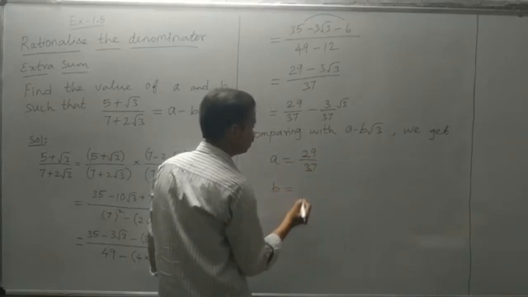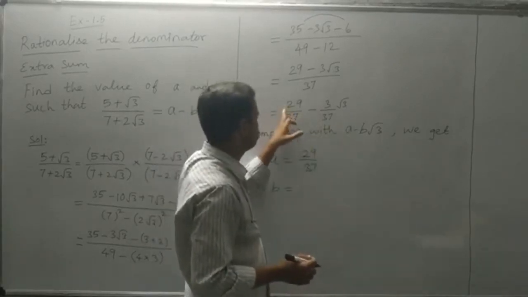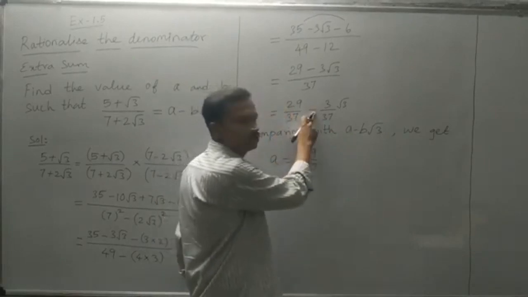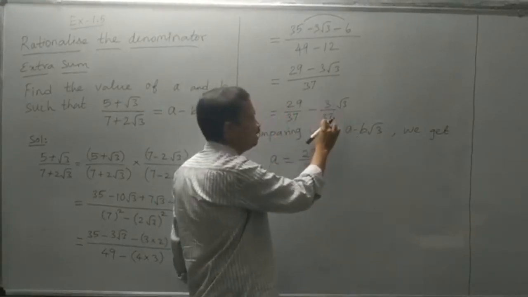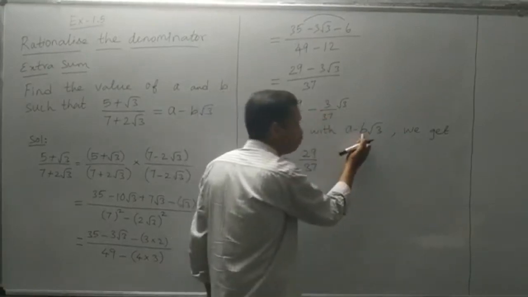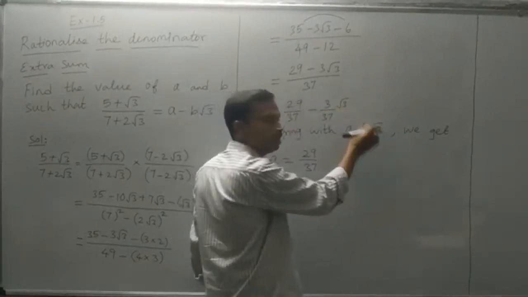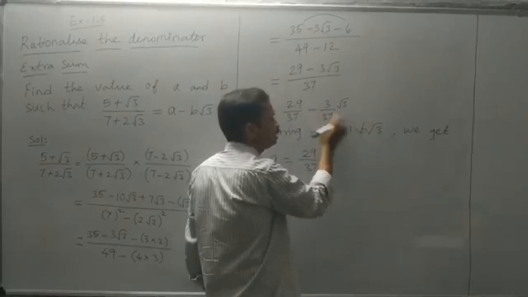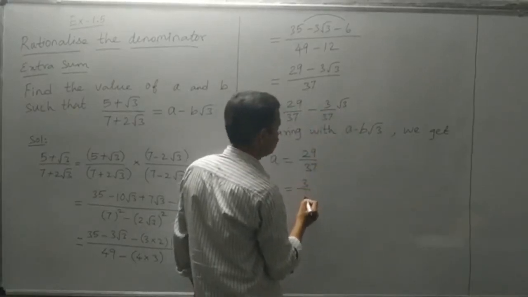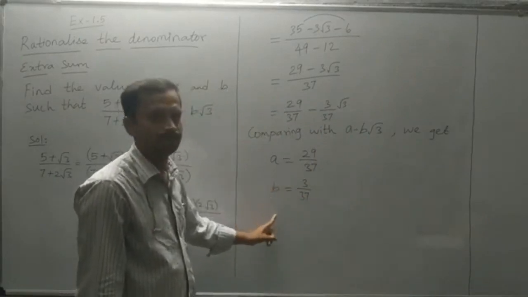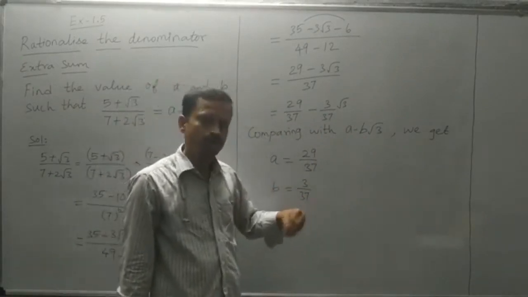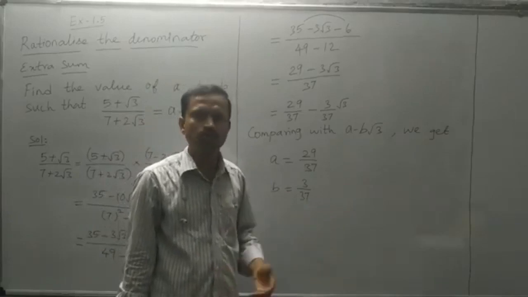And instead of b, what is that? So for a, it is 29 by 37. And then minus sign, here also minus sign. And here 3 by 37 into root 3 and here b root 3. So root 3 same. What about b? 3 by 37. So this is the answer for a and b. Is it clear? So like that, many more problems I will give on the worksheet. So you finish it.